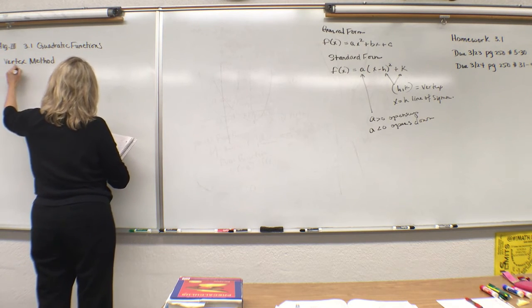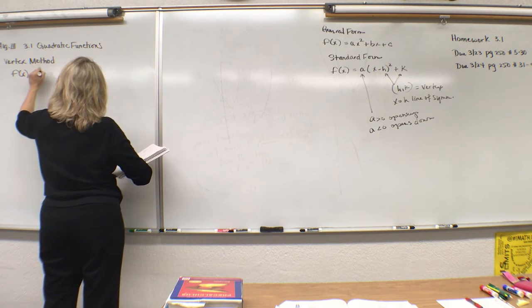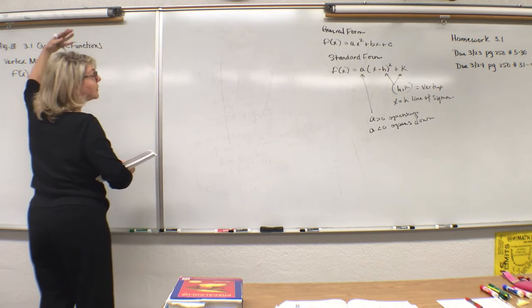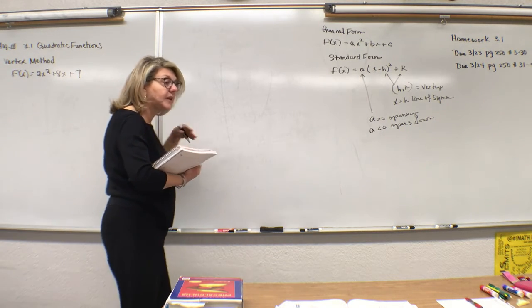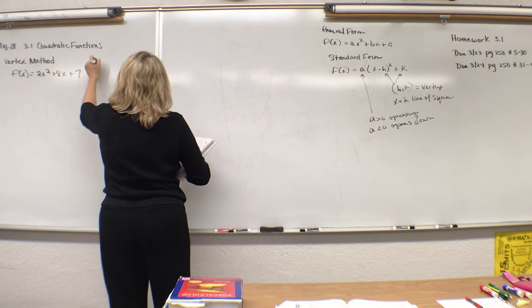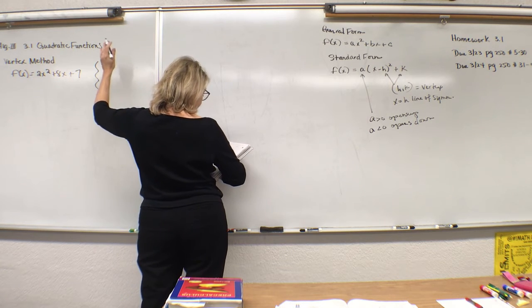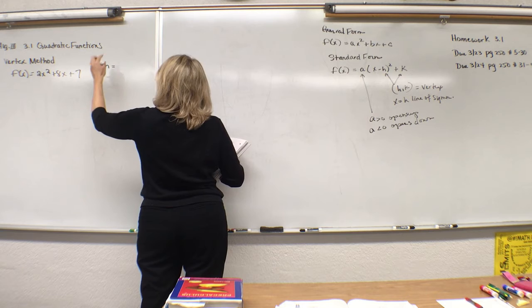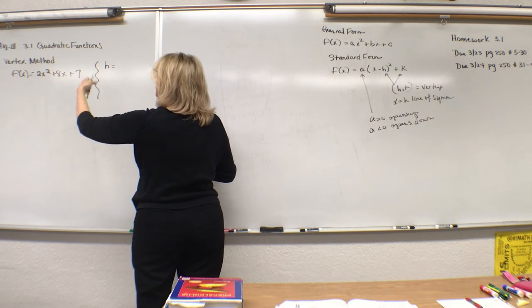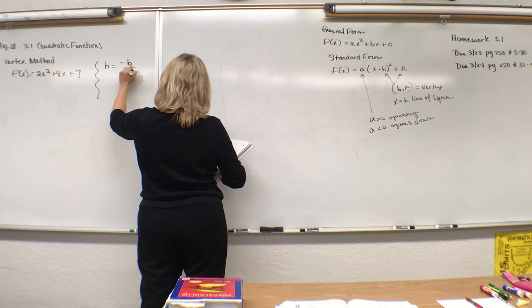For the given function f of x equaling 2x squared plus 8x plus 7, again, this looks like the general form, ax squared plus bx plus c. Right away, I'm going to utilize a couple of quick formulas that say that the x value, which we call h, of the vertex of this parabola comes from the opposite of b over 2a.